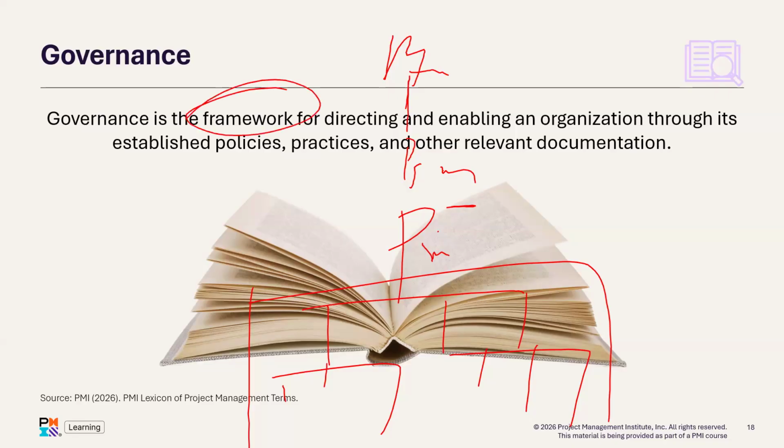So this framework for directing and enabling an organization through its established policies, practices, and other relevant documentation, we call governance. It shows the hierarchy of authority, the hierarchy of communication, reporting, the decision making, and so on and so forth.